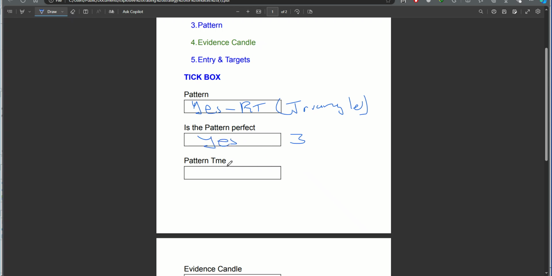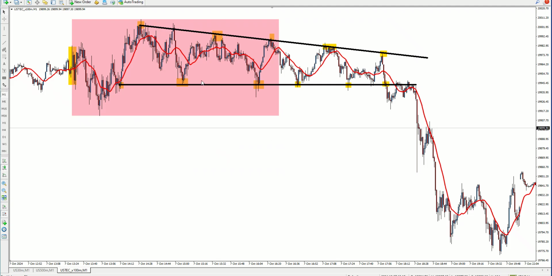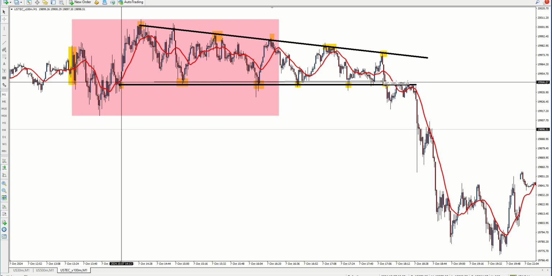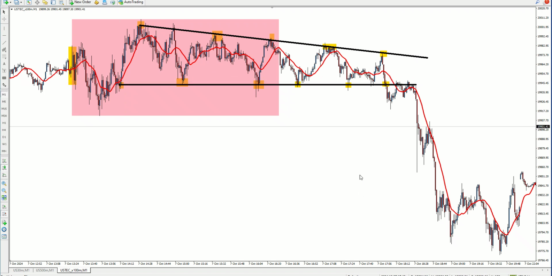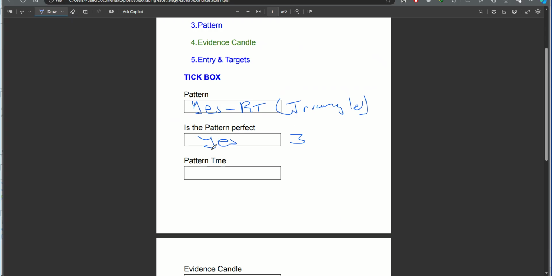Pattern time. How long did it take to build the pattern? This is important because it tells you how much you can target. I told you this took roughly 229 minutes, which simply means roughly 3 hours. So this is more than 1 hour, above 1 hour.